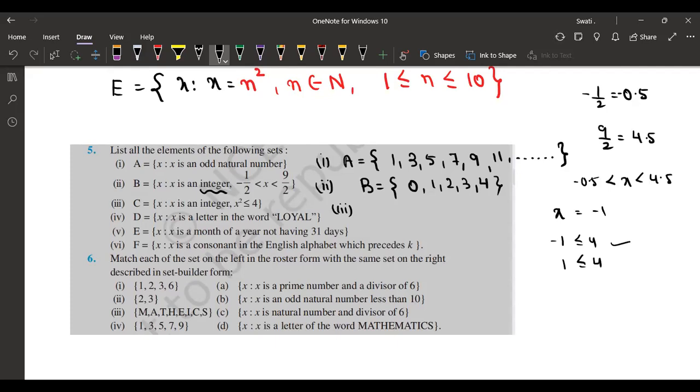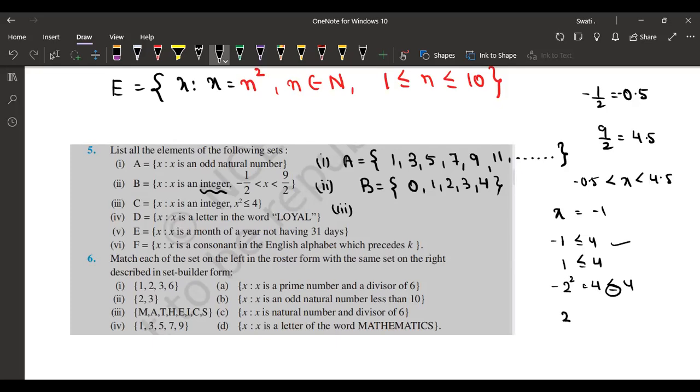If I put negative 2, -2 square is going to be 4. Is it satisfying? Yes, because there is an equal sign. So -2 is also correct.